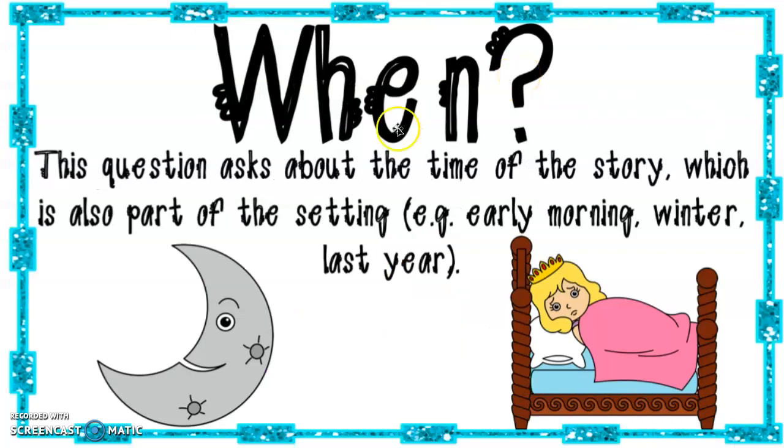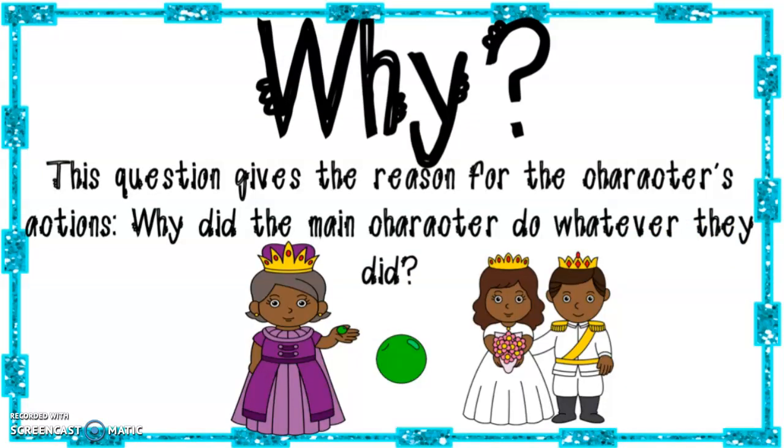When? This question asks about the time of the story, which can also be part of the setting. Morning, winter, last year. When did the story take place? And why? This question gives the reason for the character's actions. Why did the character do whatever they did?